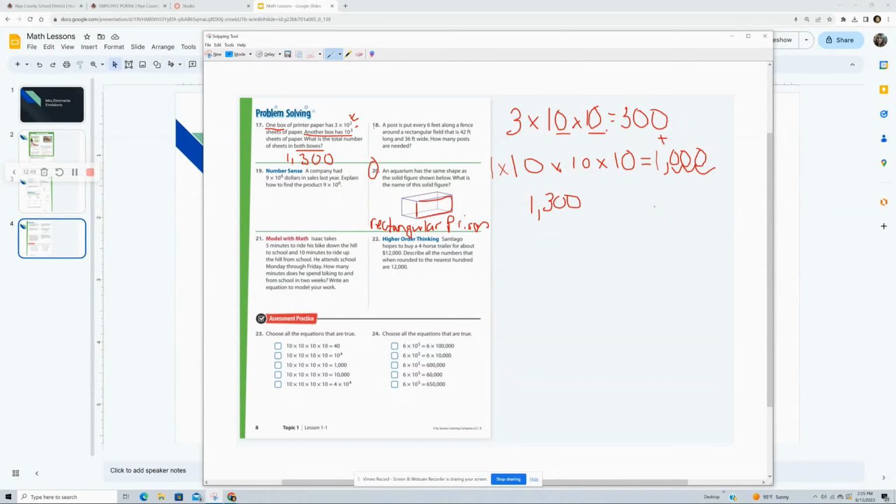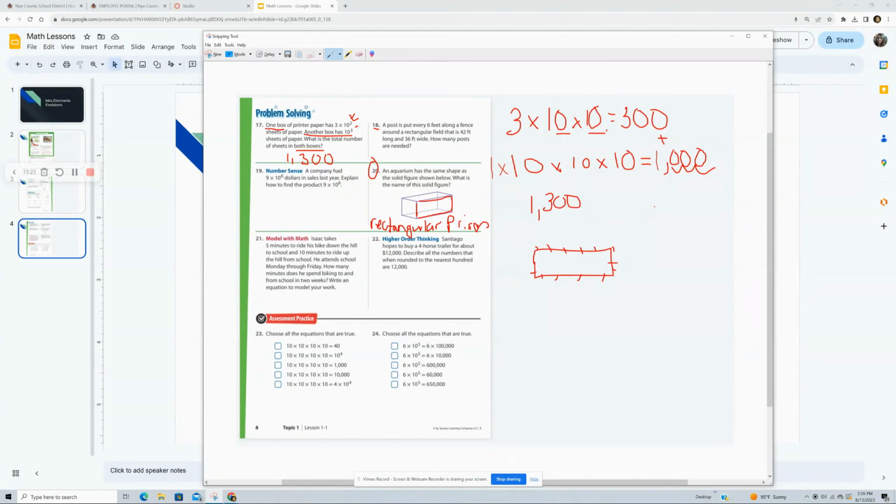Let's jump up to number 18. A post is put every 6 feet along a fence around a rectangular field that is 42 feet long and 36 feet wide. How many posts are needed? So we have a rectangular field. Okay, our posts are going to be put 6 feet apart along a fence. So along the fence, it would look something like this.